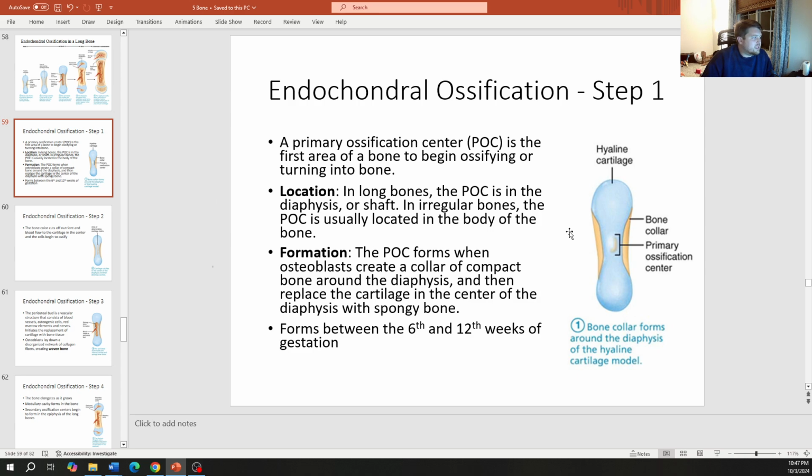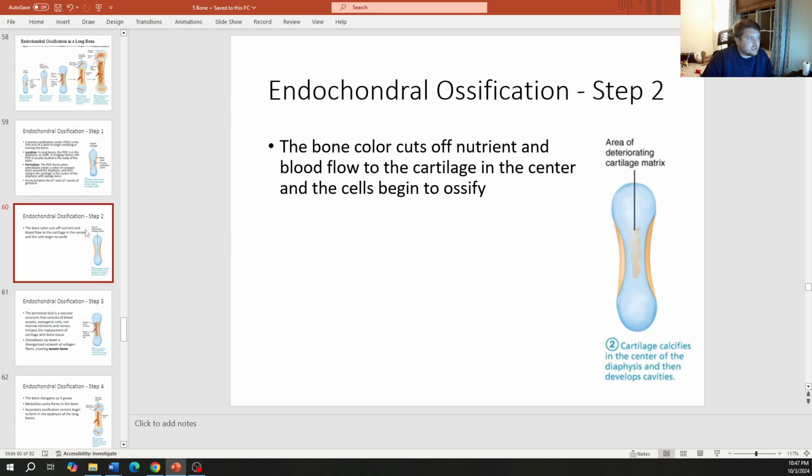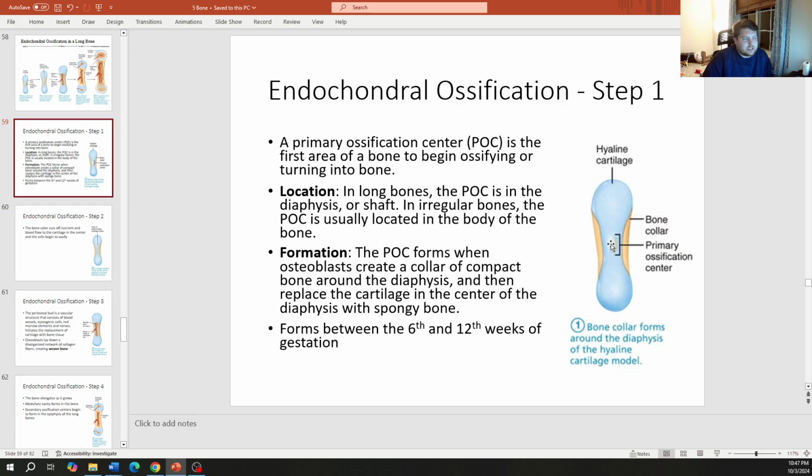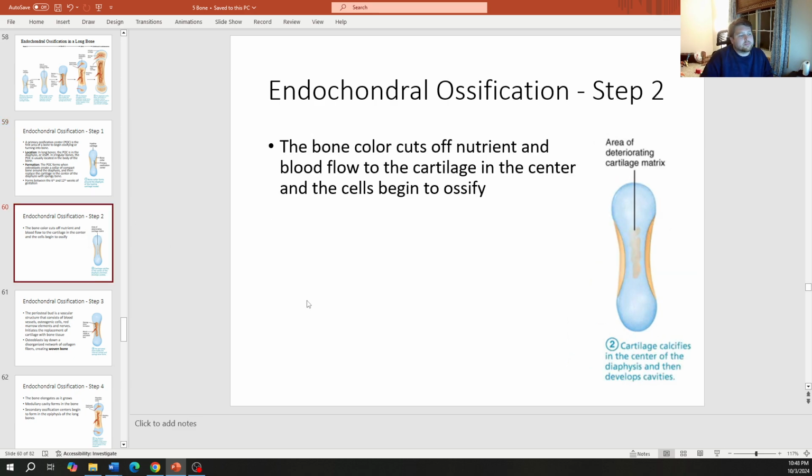What this actually does is it cuts off the nutrients to the very central chondrocytes, and those chondrocytes start to ossify because essentially they no longer have the nutrients. They start to die off, and they have minerals laid down on them. As it continues to grow, you have a deteriorating cartilage matrix that begins to calcify, begins to harden.